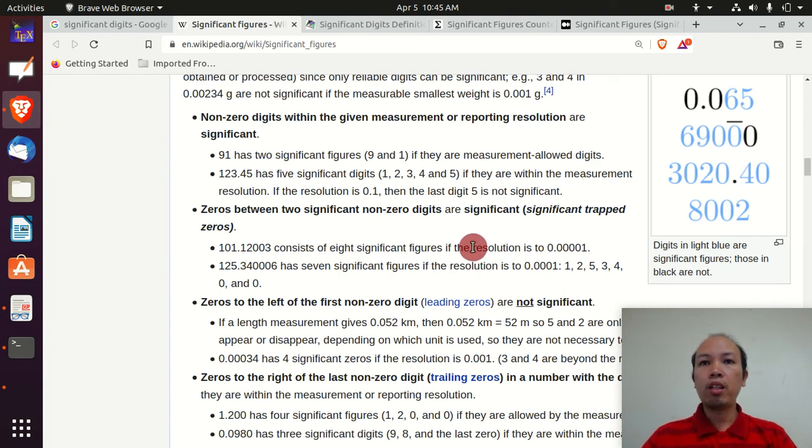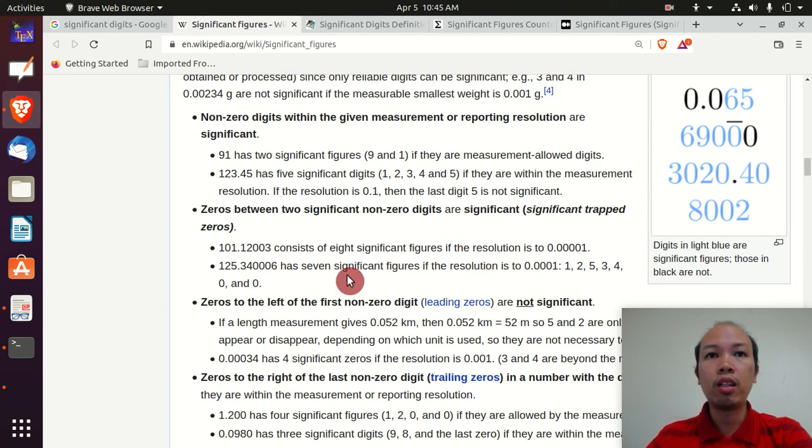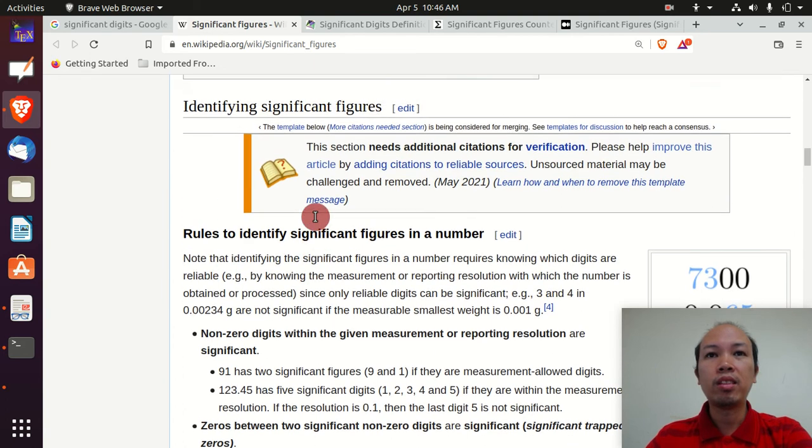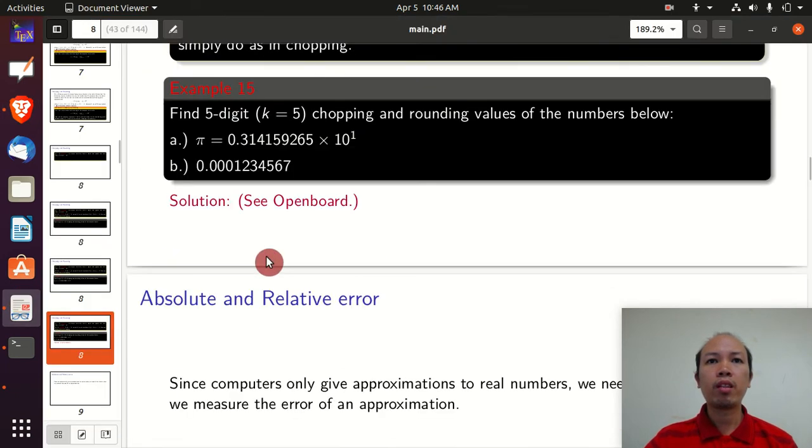But usually if there's no word like resolution, that will be the usual way to identify significant figures in a number. So let's continue.